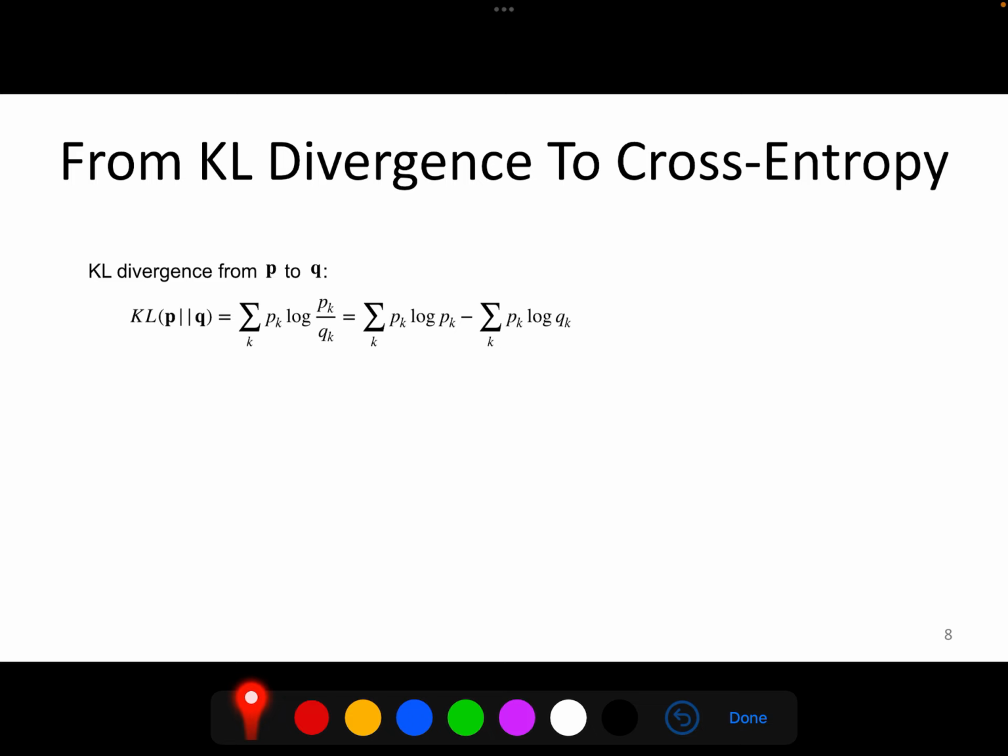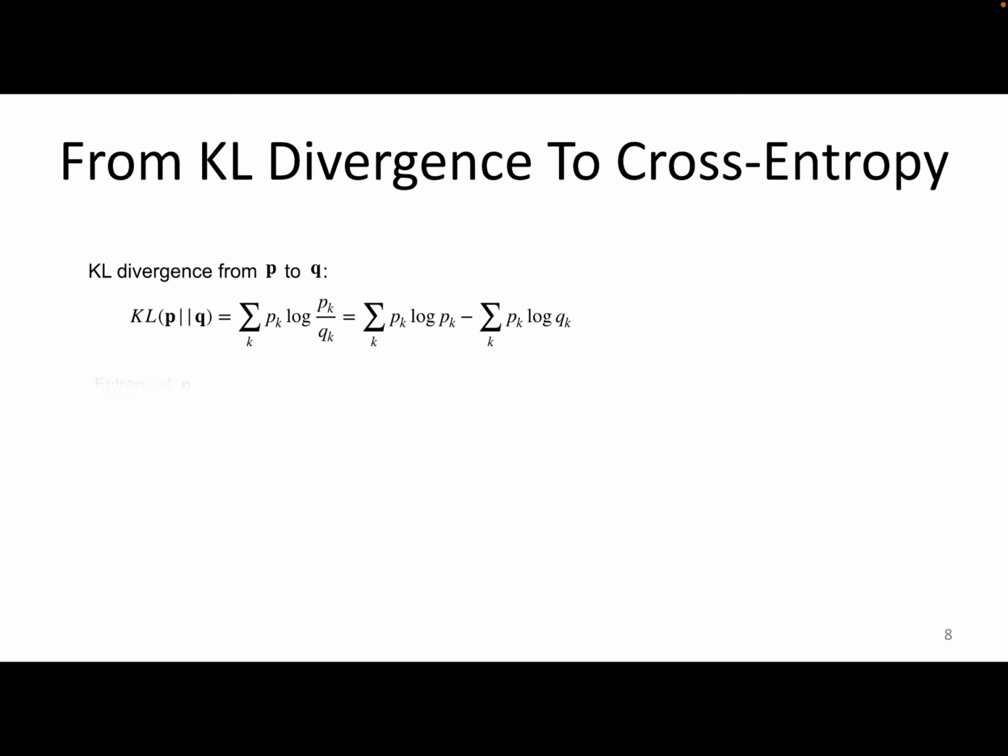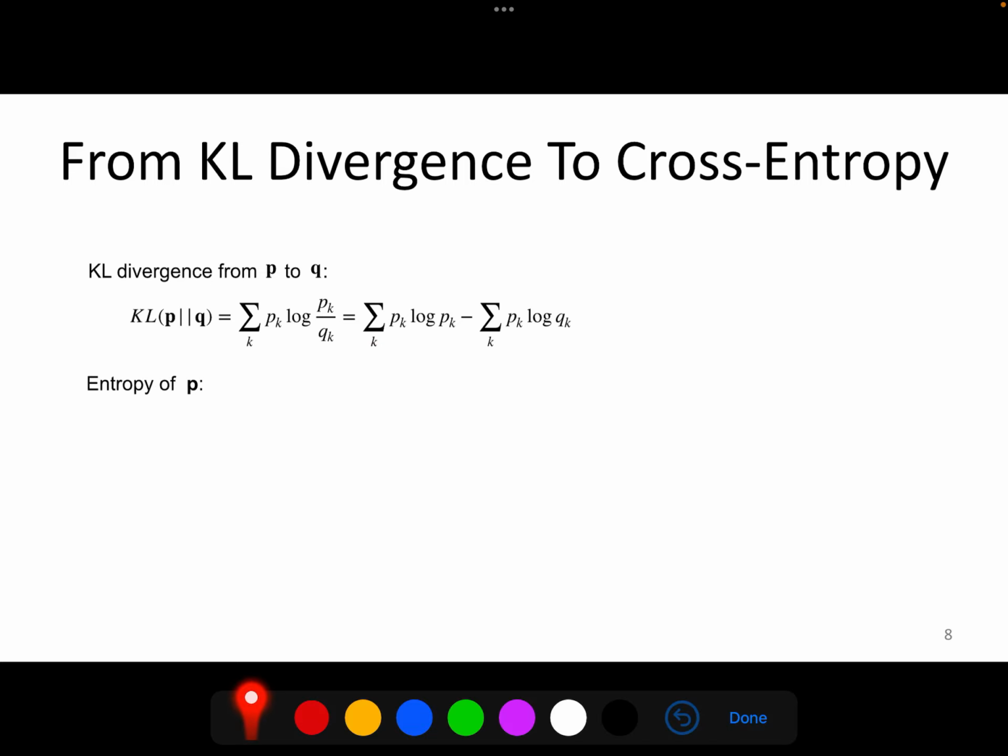From KL divergence, we can obtain cross-entropy. This is the definition of KL divergence. We can expand it into this form. The first term is the negative entropy of P. It's a constant. The model cannot change it.